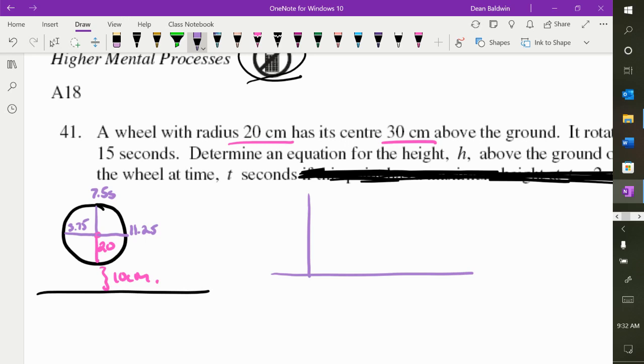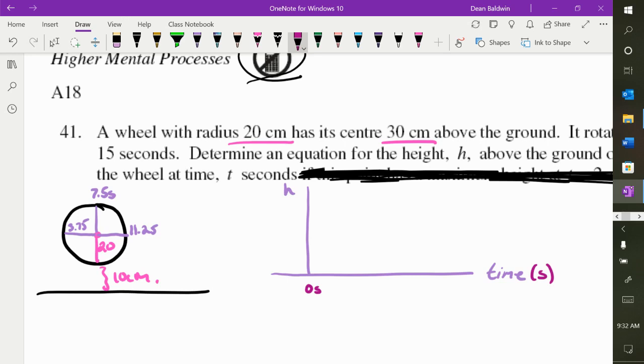Okay, we're gonna do a height versus time graph. H of t, or let's call it H. At 0 seconds, this is time in seconds. At 0 seconds, how high?